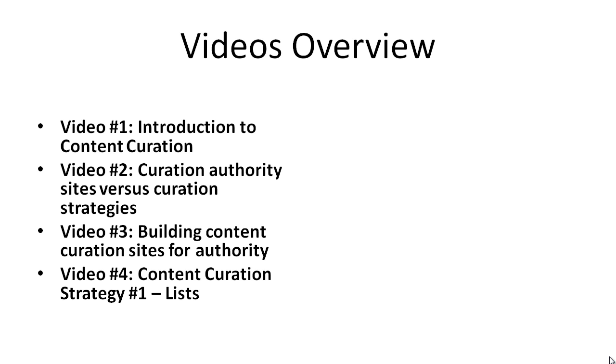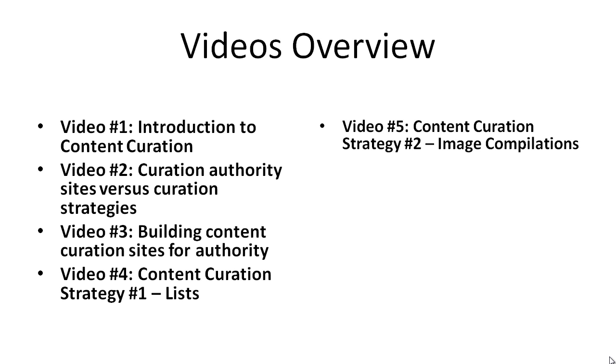So we will show you content curation strategy number 1, which will be about lists, such as finding lists of links, compilations of different sites that relate to whatever you're trying to promote. And it'll all make a lot more sense when I actually dive into it.